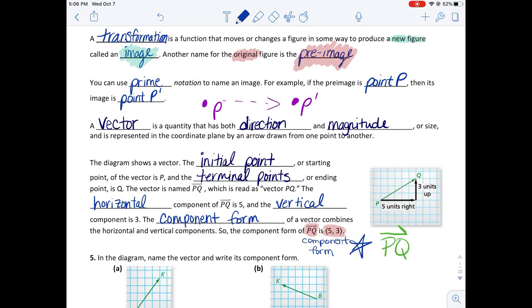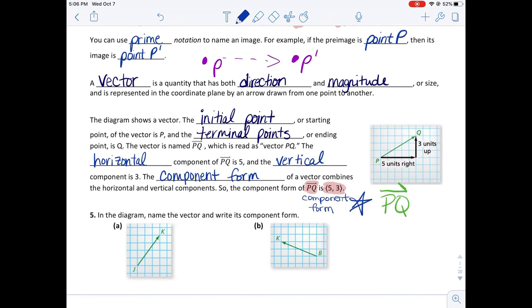So let's practice. We've got 2 examples here at the bottom of our page. We have 5a and 5b. So the first thing we're supposed to do is name the vector. So using our example up here of vector PQ, we know we name vectors from the initial point to the terminal point. So here we go. This is vector JK. Your notation should be above it.